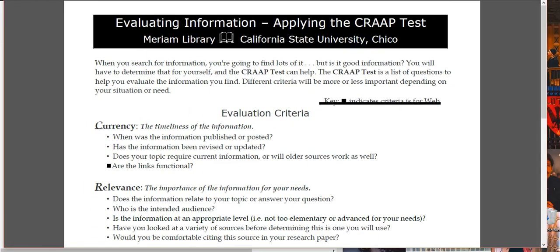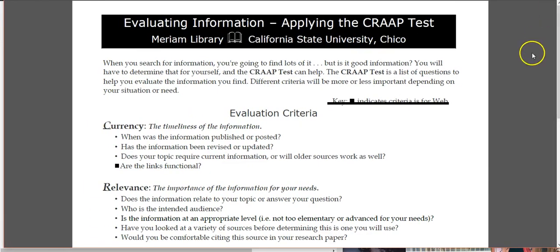This basically evaluation criteria was developed by a librarian and a group of colleagues at California State University, Chico, and it's used widely in evaluating sources that you may find on the internet, that you may be looking for in books, articles, etc.